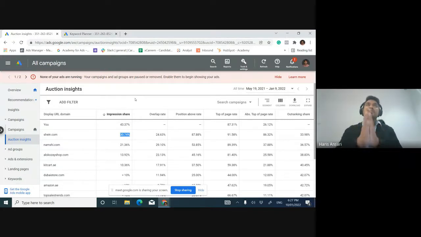By impressions I mean when my ad is visible to a user, that is one impression. Impression share percentage is basically how many times my ad got visible out of the possible ad viewings I could have gotten. So that's the calculation for impression share.